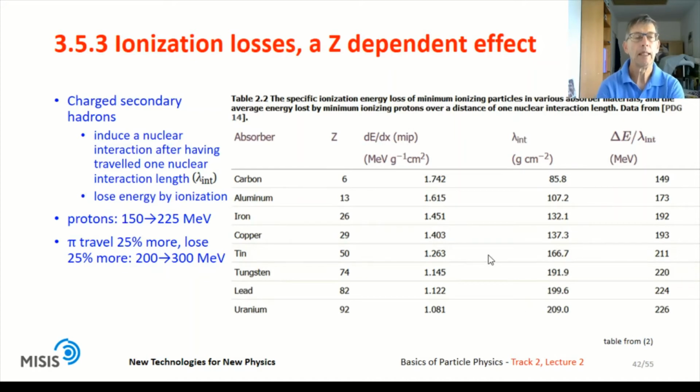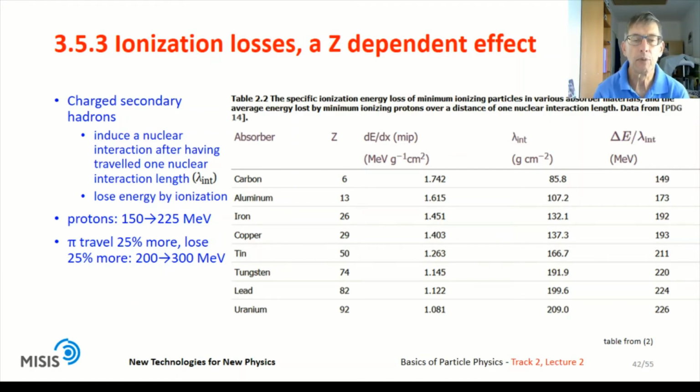Then the secondary hadrons, if they're charged, will radiate and have ionization losses, because the interaction length is quite long, and so they will lose. So typically protons will lose between 150 and 225 MeV.